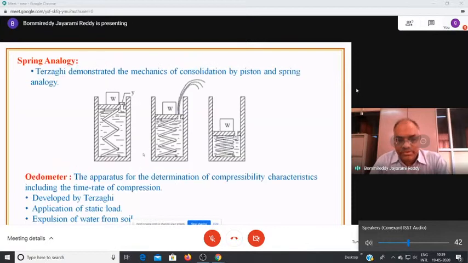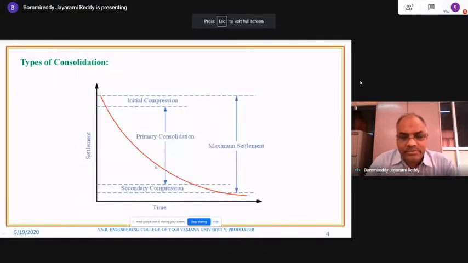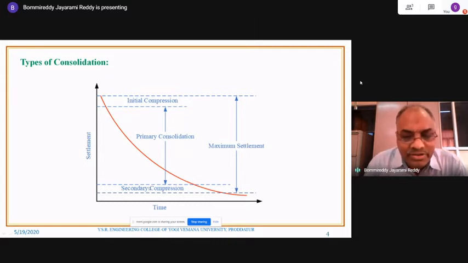Next, another one is secondary consolidation. The magnitude of the secondary compression is very small, and that is possible only when the rearrangement of soil particles takes place and the entire soil is in the plastic condition, and all the particles are surrounded by the fluid, so that the soil becomes more plastic and ductile in nature, and the viscosity around the particles is also more.